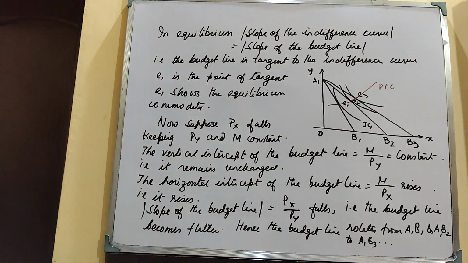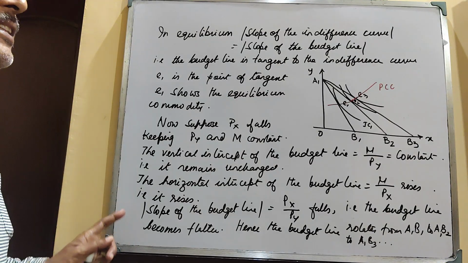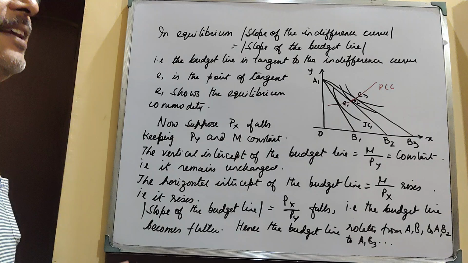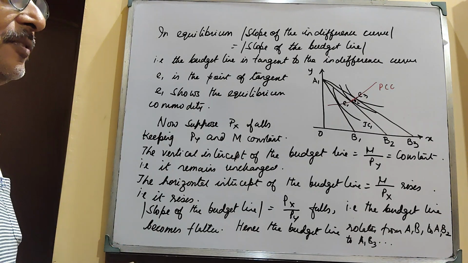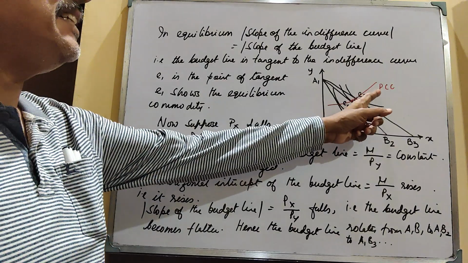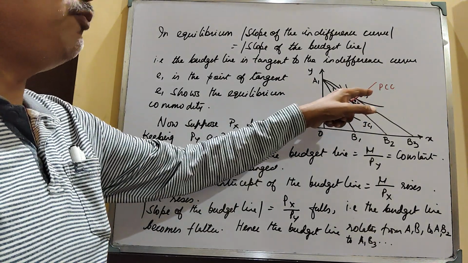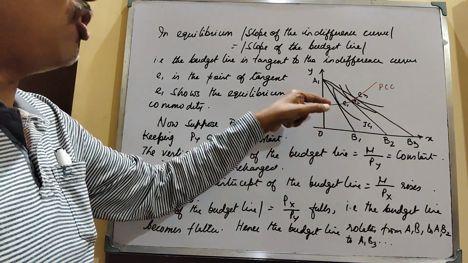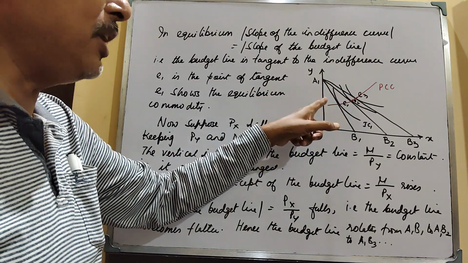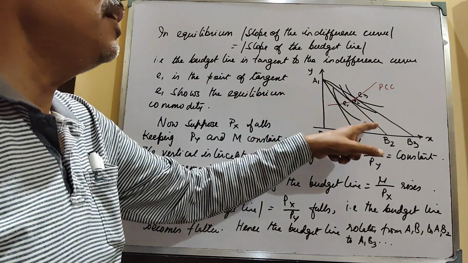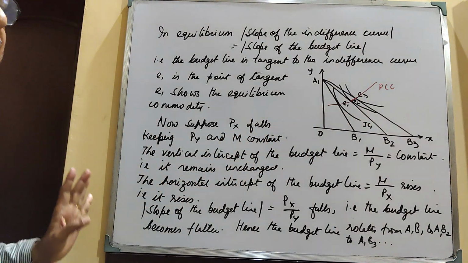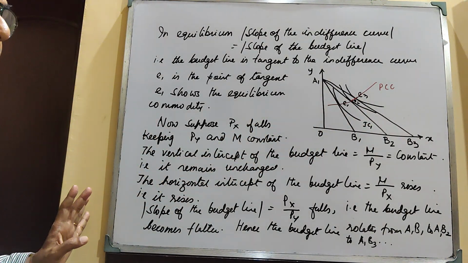Now from the PCC we get the own price elasticity, cross price elasticity, and the demand curve. The shape of the PCC is not necessarily upward sloping. PCC can be horizontal, vertical, backward bending, or downward sloping. That depends on the nature of the commodities.